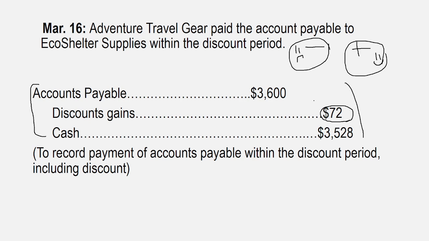And finally, on the credit side, Adventure Travel Gears credits the cash account for 3,528 because we paid from cash. This $3,528 means the amount of cash decreases. The discount gains account behaves like revenue and is always considered a credit.